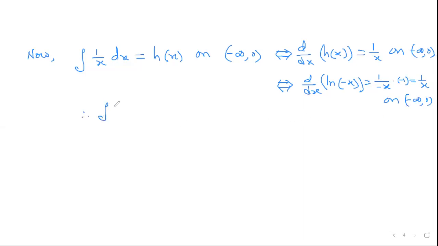We are getting that the integration of 1 over x dx is nothing but ln of negative x, if x is between negative infinity and 0. This is very important.